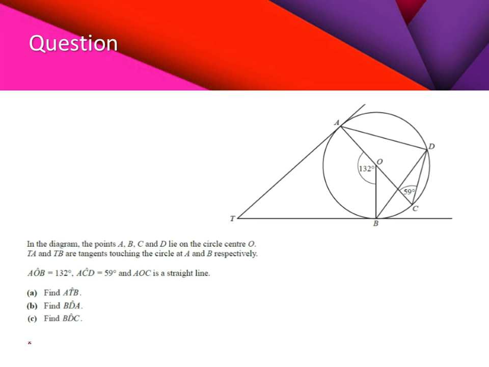In the diagram, points A, B, C and D lie on the circle with center O. TA and TB are tangents touching the circle at A and B respectively.